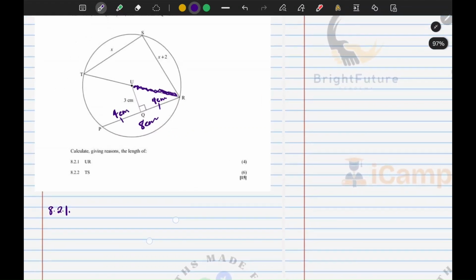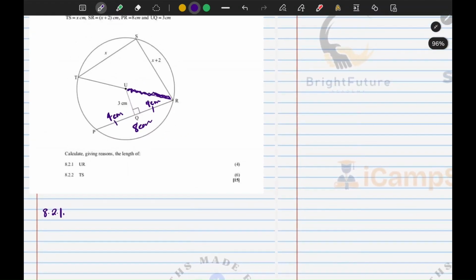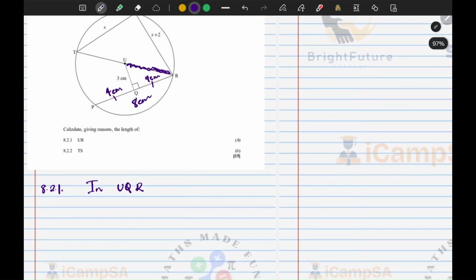So it forms a right angle triangle where we can use the Pythagoras theorem. So in triangle UQR, which is this triangle.